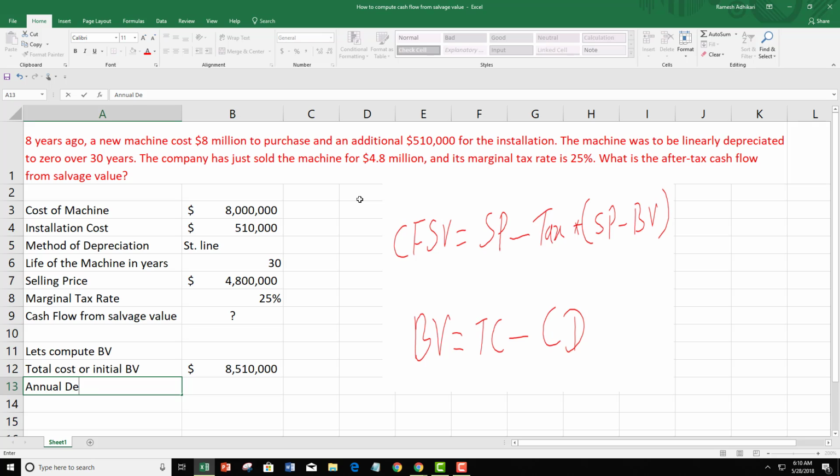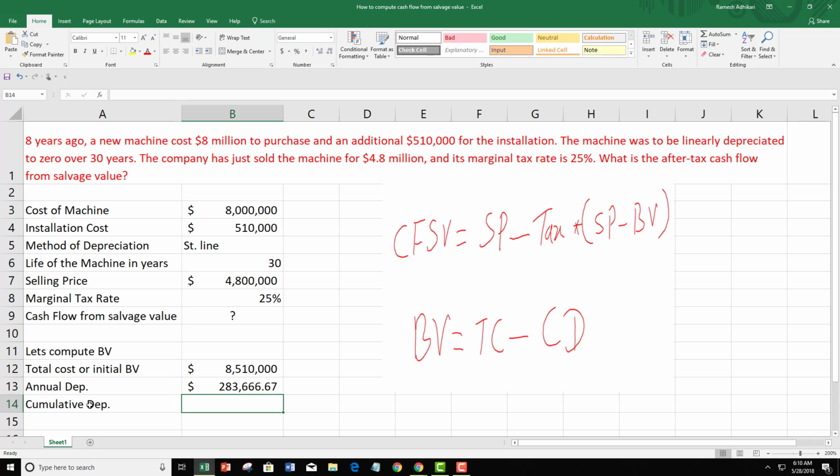Annual depreciation is always equal to the total cost of the machine, which is the 8.5 million, over the life of the machine, which is 30 years. So that means the annual depreciation is 283,666.67.